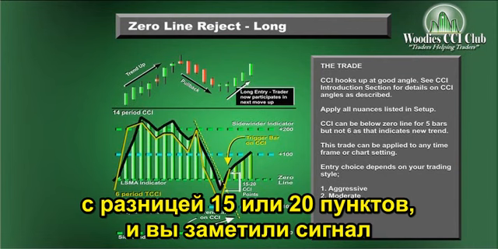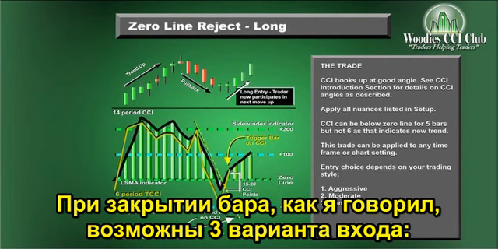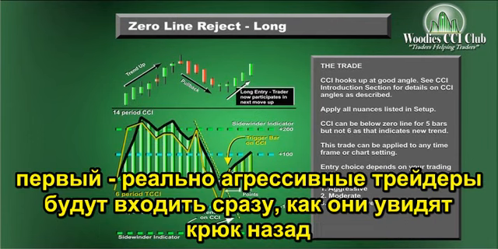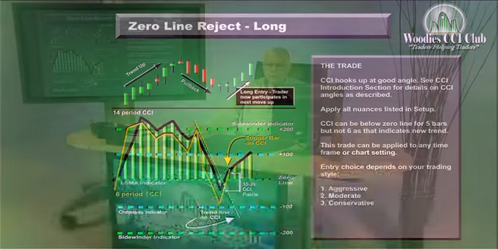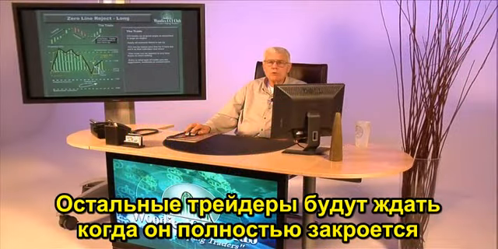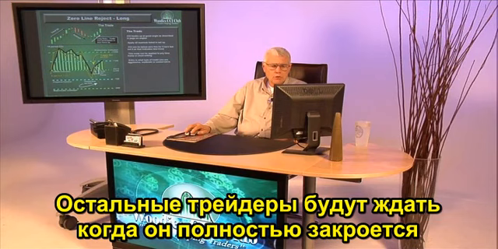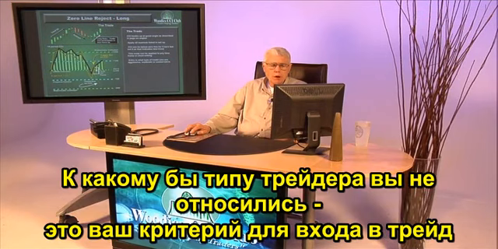And you'll notice the trigger is bar close, or as I say, there are three triggers. One, for real aggressive traders, will get in as soon as they see it hook back. Two, a lot of traders will wait 20 to 30 seconds to bar print. Other traders will wait for the bar print. So whatever type of trader you are, that's the criteria for your trigger.